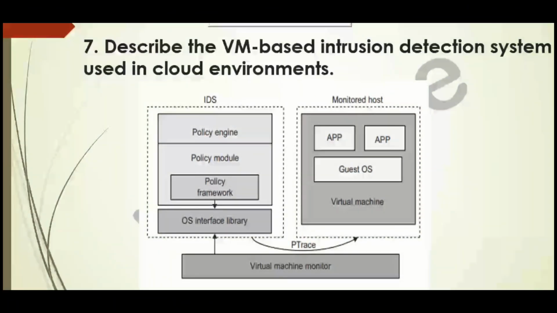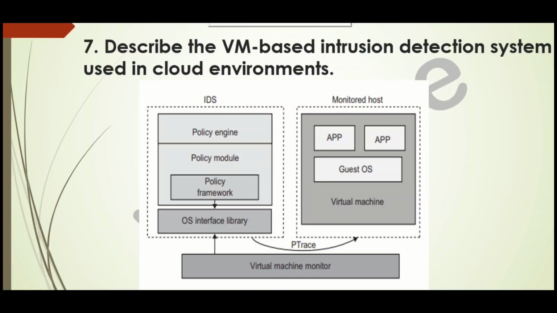This diagram shows how the virtual machine based intrusion detection system works in a cloud environment by monitoring the virtual machines from outside. Each virtual machine runs a guest operating system and applications and is managed by a virtual machine monitor.